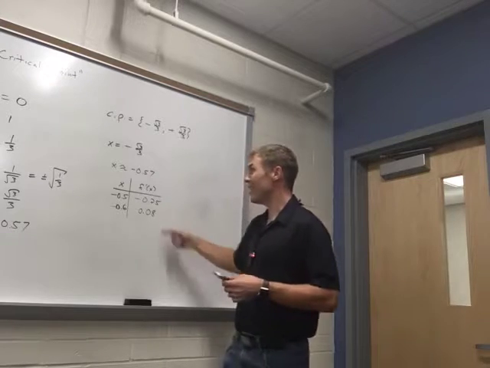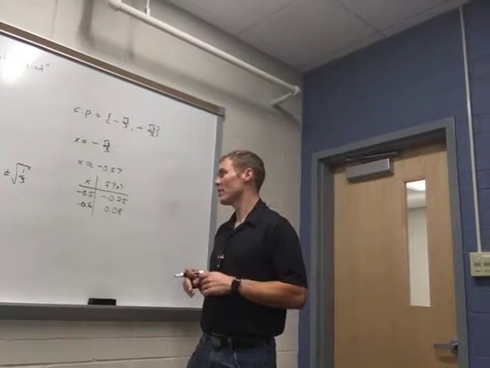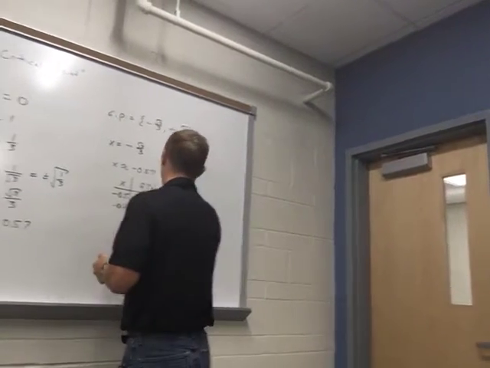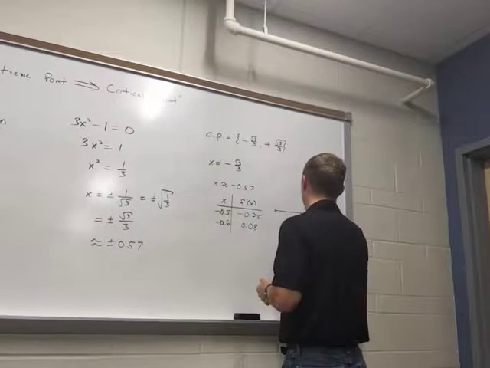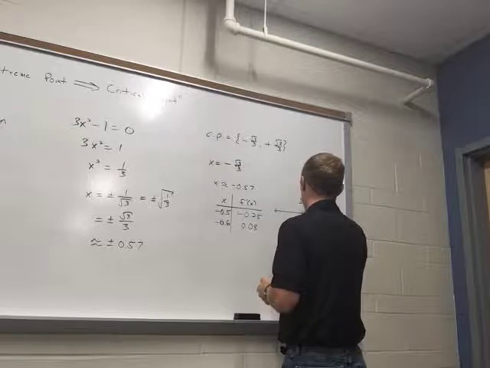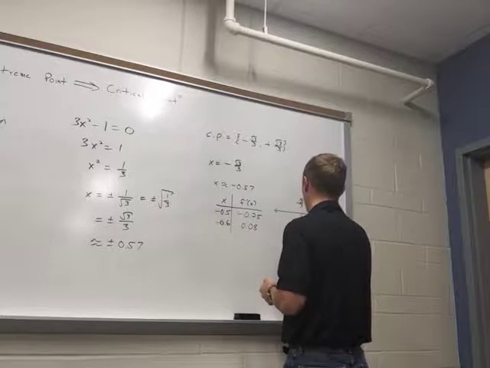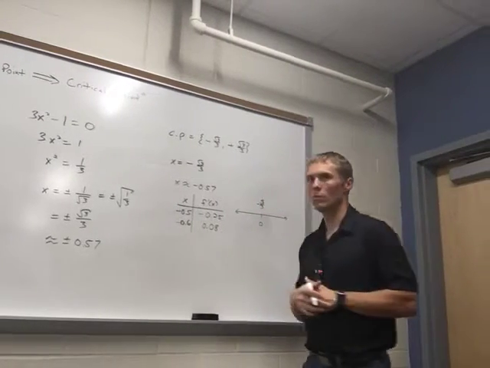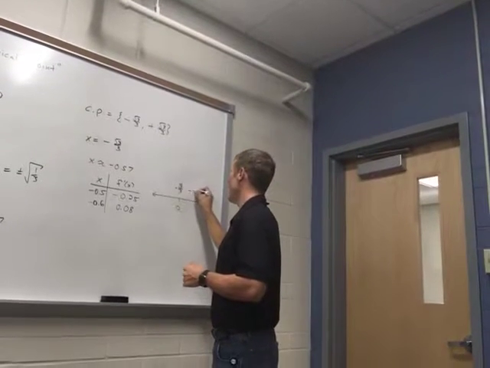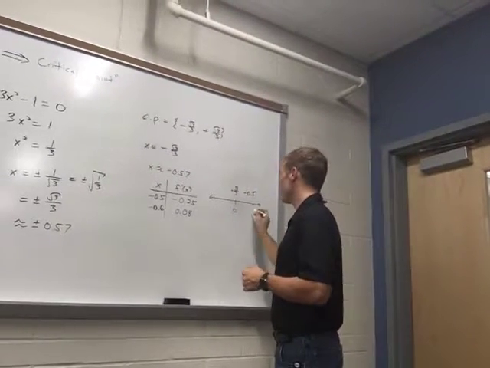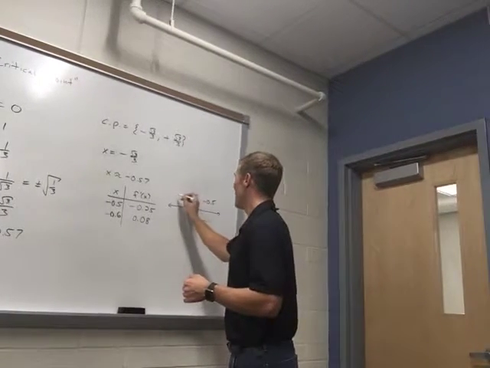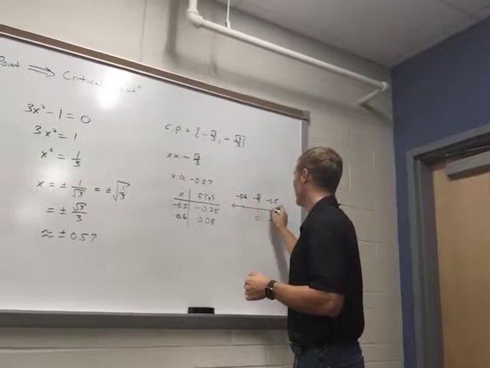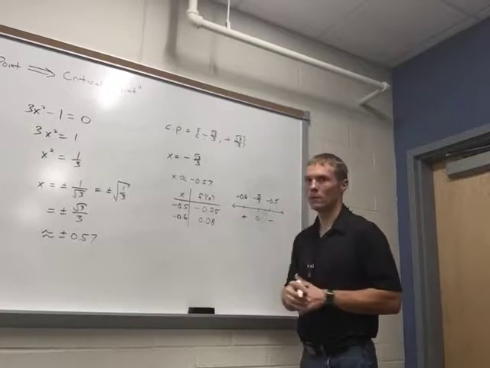So the derivative does indeed appear to change signs. A quick little picture should seal the deal. At negative root 3 over 3, the derivative is 0. At negative 0.5, the derivative is negative. At negative 0.6, the derivative is positive.